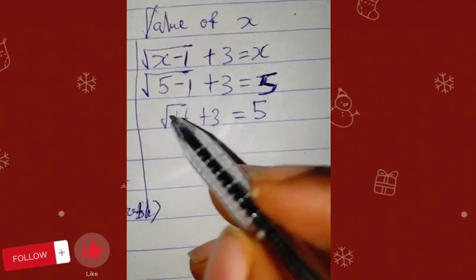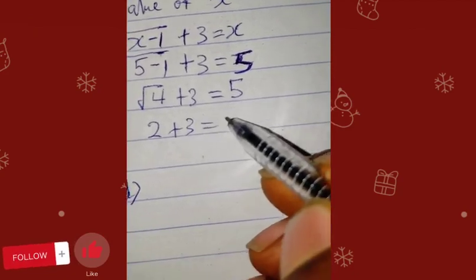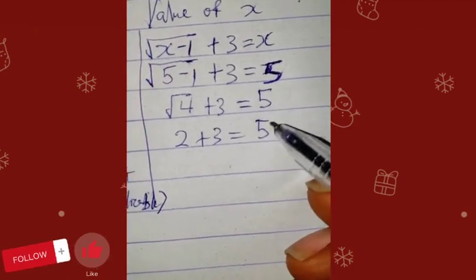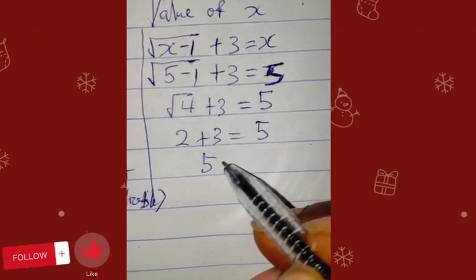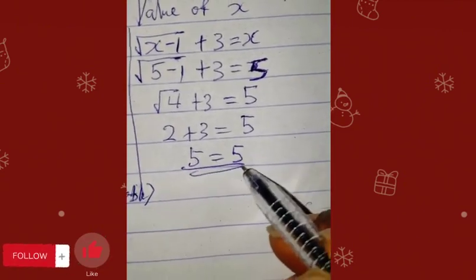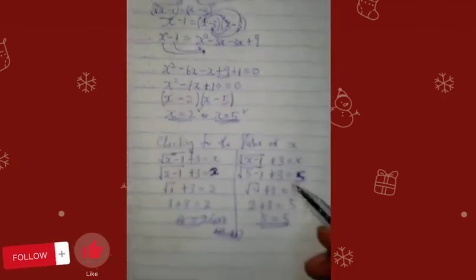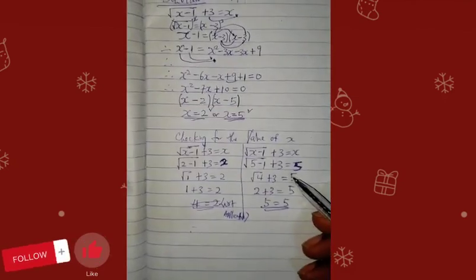The square root of 4 should be 2, plus 3 is equal to 5. 2 plus 3 is 5. 5 is equal to 5. You can see this satisfies our equation that is up here.